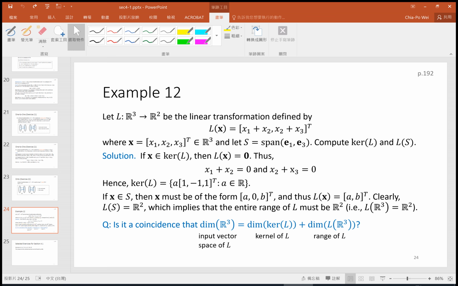Next, we compute L of x. x1 plus x2 is a plus 0, which equals a. x2 plus x3 equals 0 plus b, which equals b. So L of x equals (a, b) transpose, where a and b can be any real numbers. Therefore, L of S equals R2, which implies the range of L must be R2. That is, L of R3 equals R2.